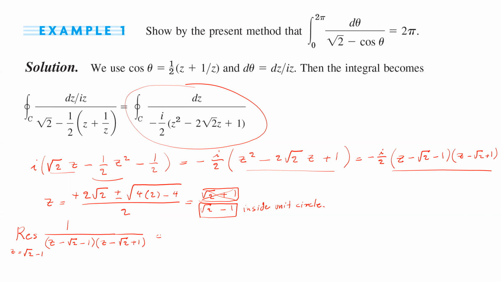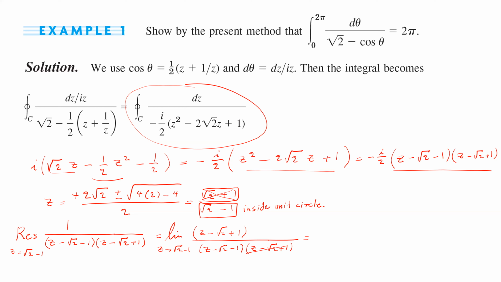So it means that we have to take the limit as z goes to square root of 2 minus 1 of this function times z minus z naught, which is z minus square root of 2 minus 1, divided by z minus square root of 2 minus 1 times z minus square root of 2 plus 1.